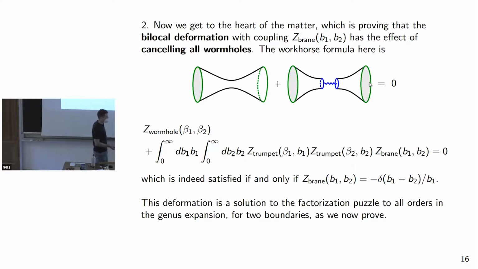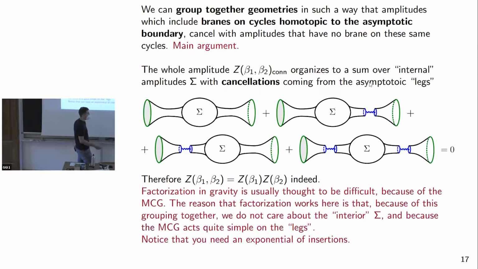So that's kind of stupid, but the fun part is how this works to all orders, which I think is, well, to me is the main argument of the paper.